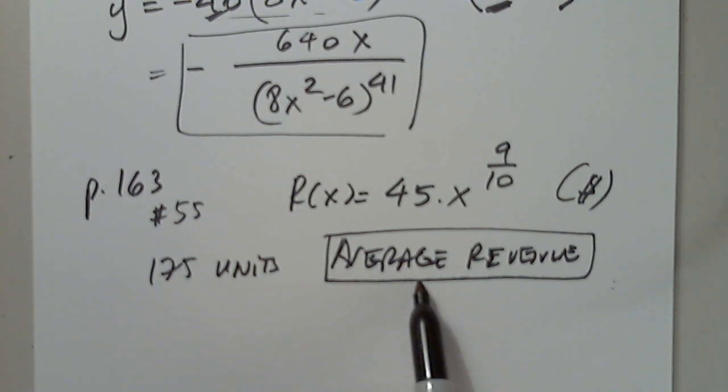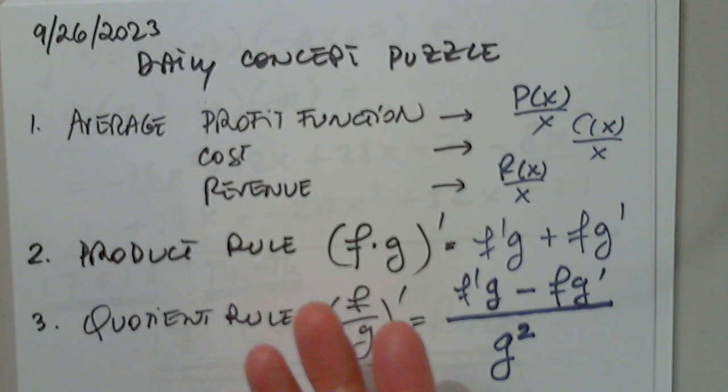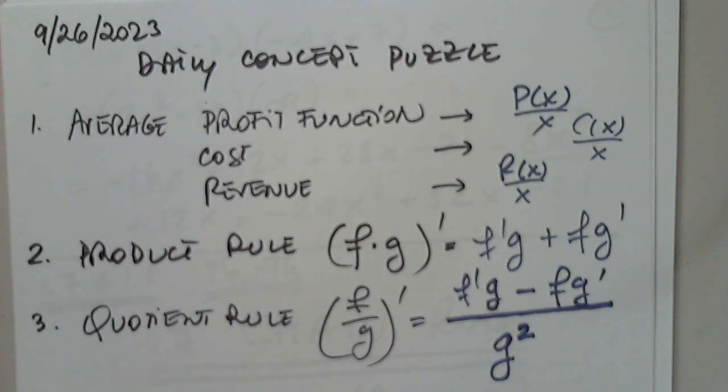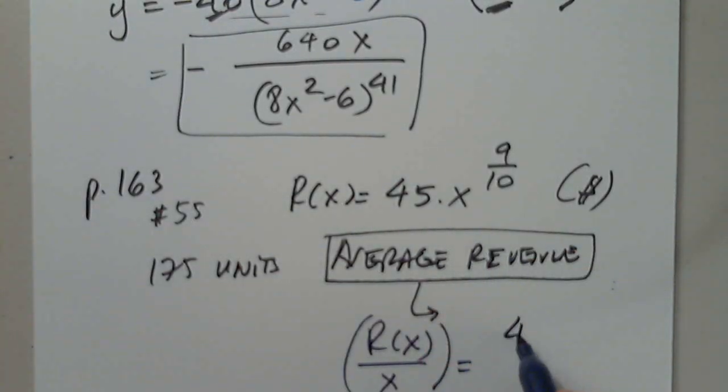Anyone remembers what the function called average revenue is? How do we get it? Anyone remembers how we get the average revenue? That's it. Thank you very much. So the average revenue is this function, which is 45 times x to the 9/10 divided by x.